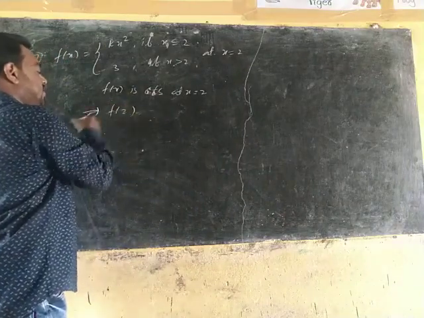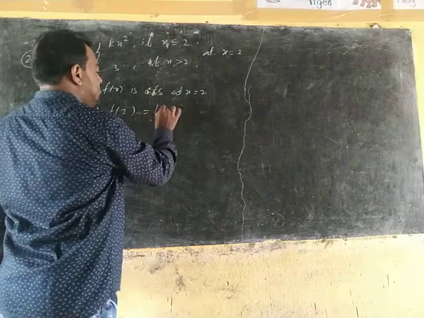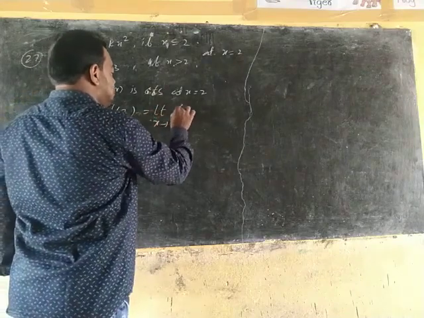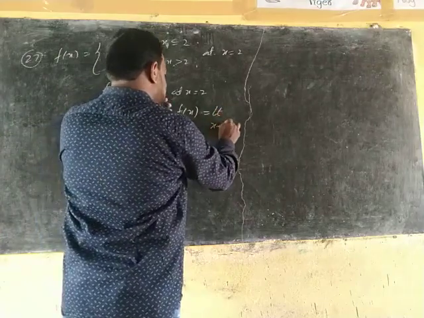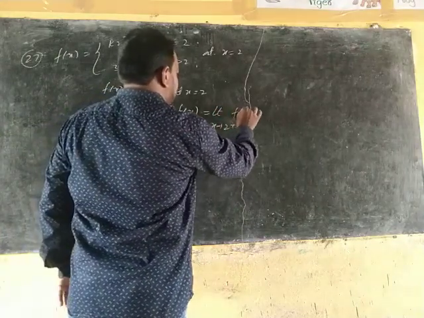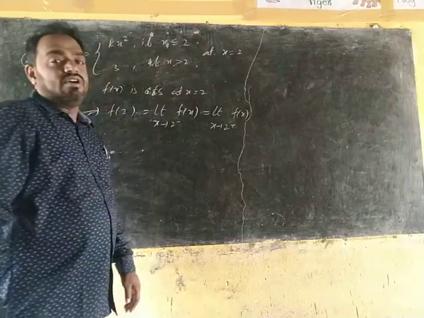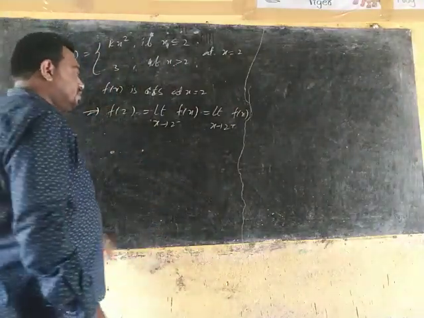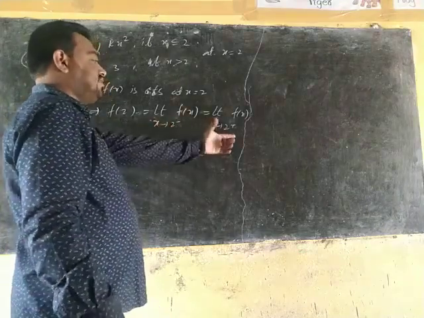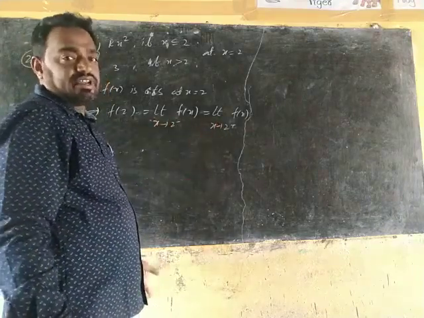By the definition of continuity, f of 2 equals the limit x tends to 2 minus of f of x, equals the limit x tends to 2 plus of f of x. So you take this equality, then you get the solution.